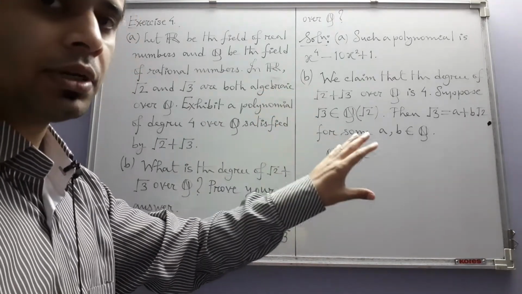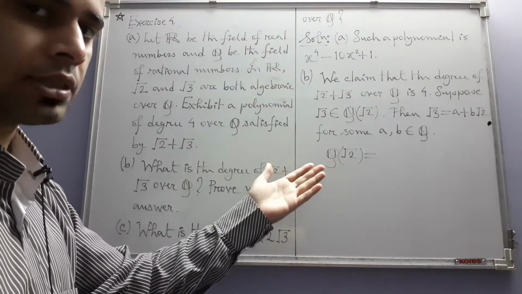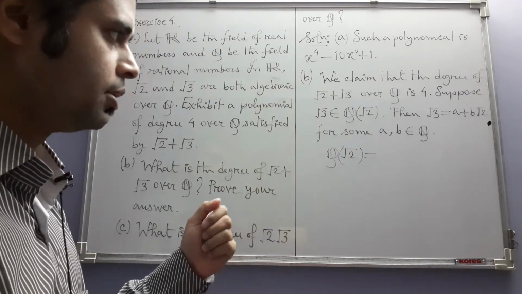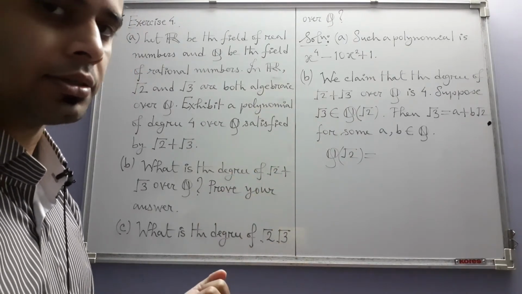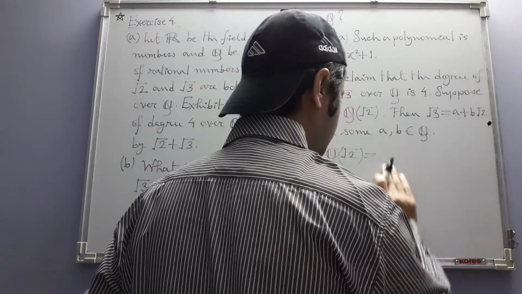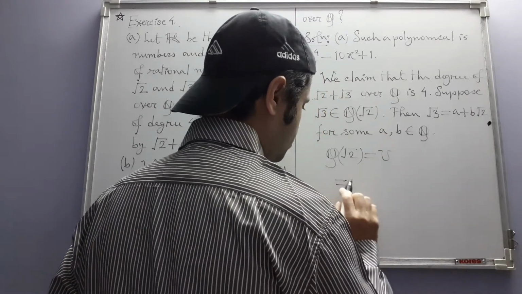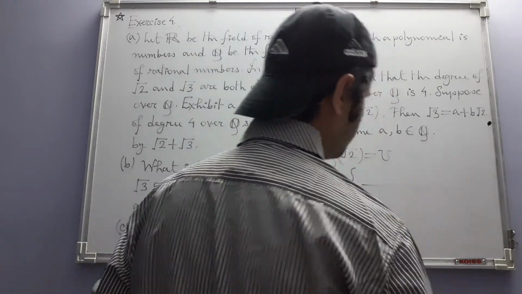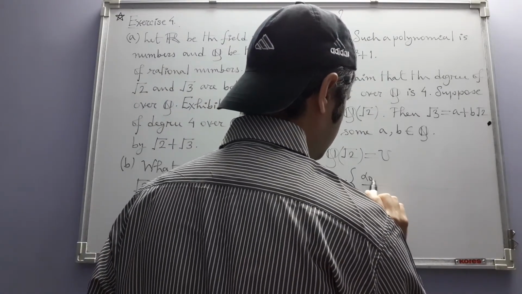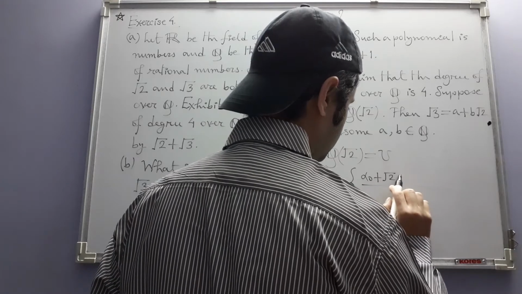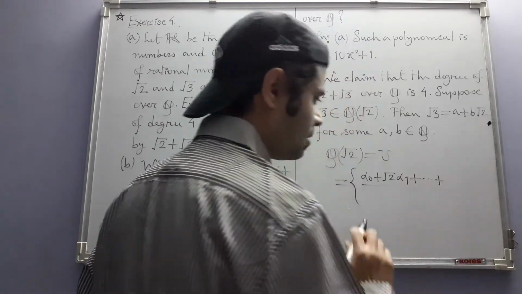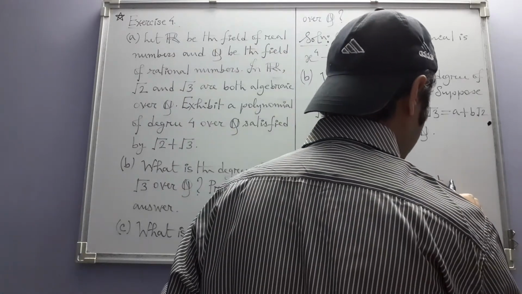The definition of this field involves taking the intersection of all subfields of the field of real numbers containing both Q and root 2, but there was an internal realization where we figured that this is equal to U, where U is the set of all polynomial expressions in square root of 2 divided by, again, polynomial expressions in square root of 2.